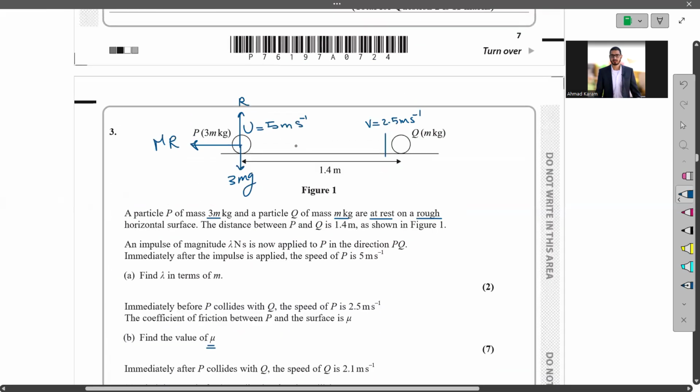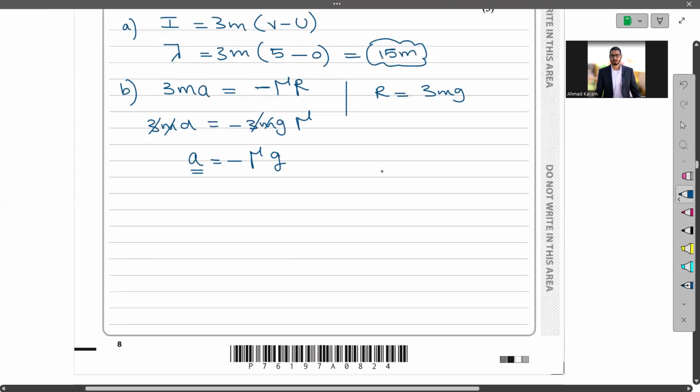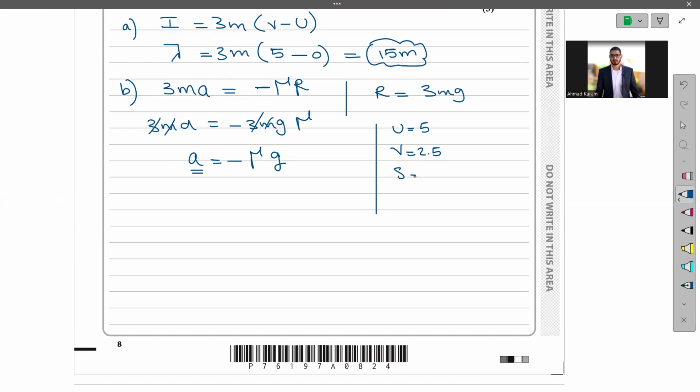So we have the initial velocity u, and we have v, and the distance 1.4. Let's write it: u equals 5, v equals 2.5, the displacement is 1.4. We need to get the acceleration, so I'm going to use v squared equals u squared plus 2as. 2.5 squared equals 5 squared plus 2as.